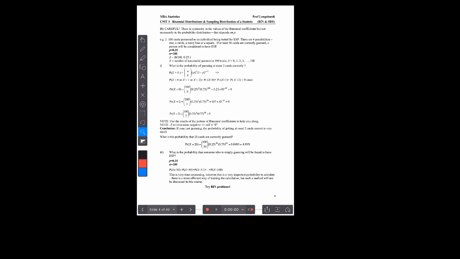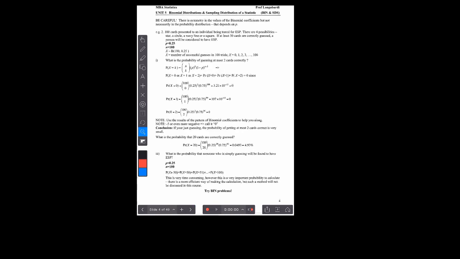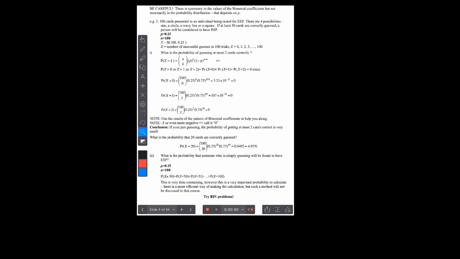Here is the one I mentioned. This I refer to as example 2, the ESP example. What's the chance that somebody has ESP? Defining ESP as someone guessing at least 50 cards correctly.